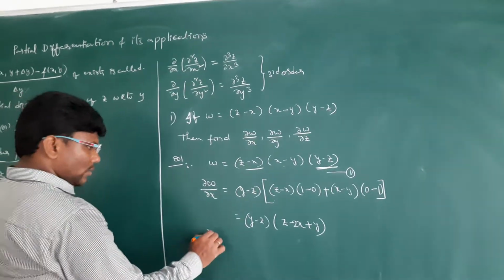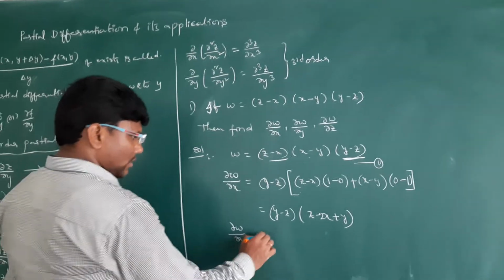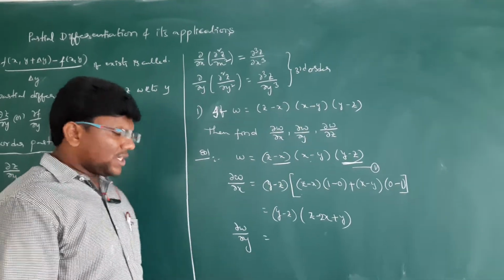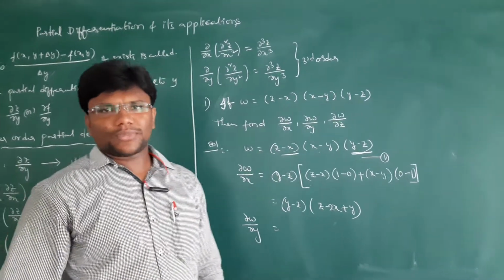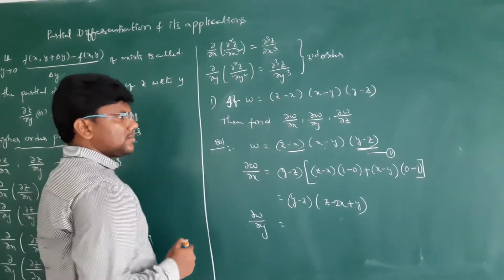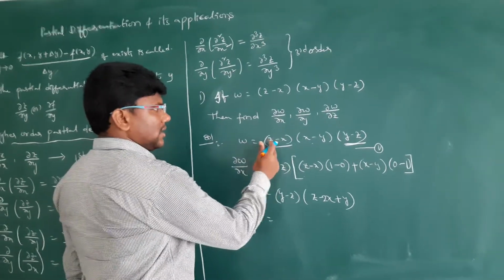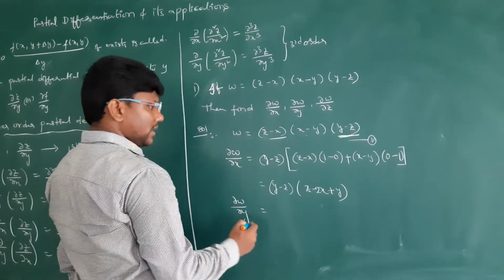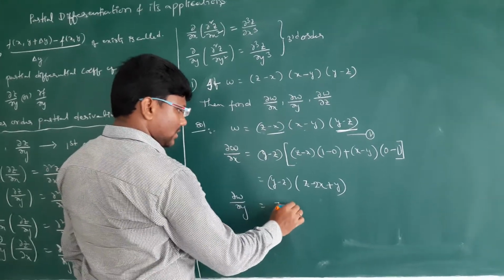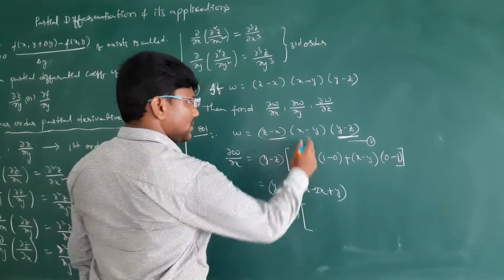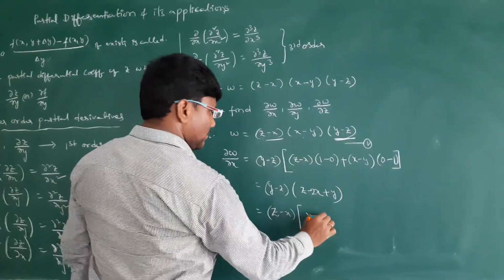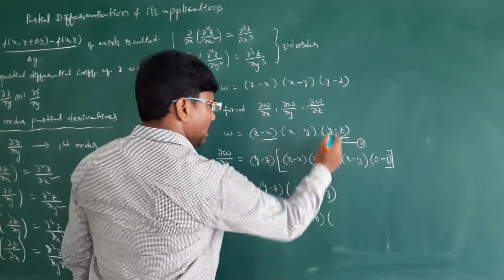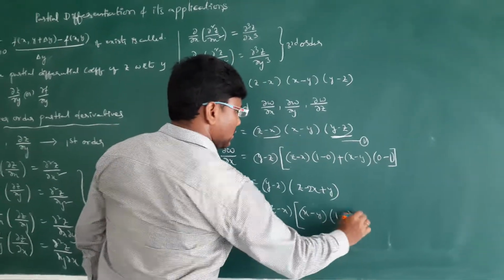Next, find dou w by dou y. When we are differentiating partially with respect to y, keep x and z terms constant. Here, in z minus x, only x and z terms are there, the y term is not there, so we keep it as constant. This is a uv differentiation: z minus x into x minus y, with respect to y the derivative is 1, z is constant 0.